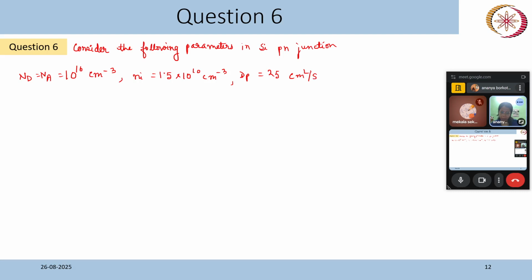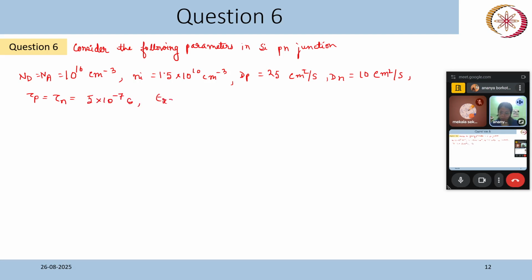Centimeter square per second. Dn is given as 10 centimeter square per second. Tau p equal to tau n, these are minority carrier lifetimes, 5 into 10 to the power minus 7 second.